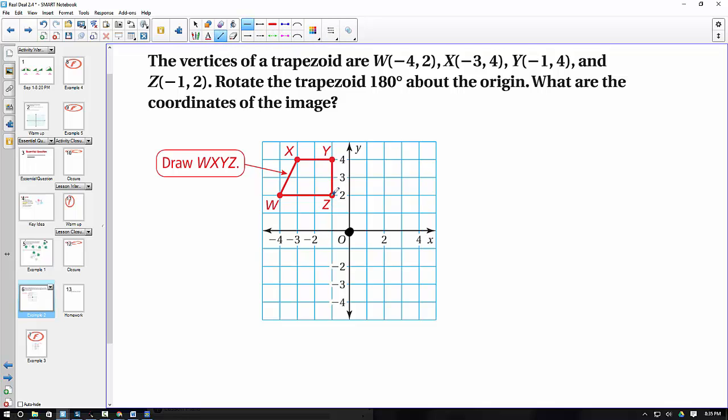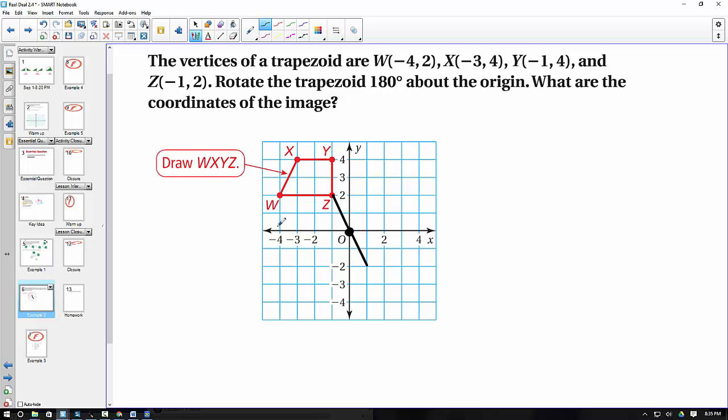From here to here, my shift changes over 1, down 2. So I'm going to go over 1 and down 2, and I'll be right here. And that point right there should be point Z. So that's my Z. For my point W, let's see what that is.